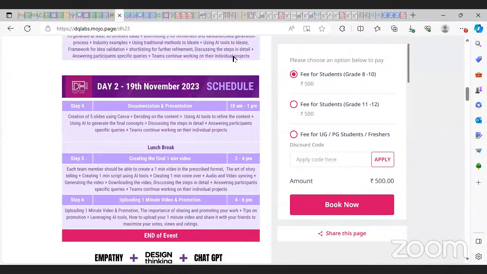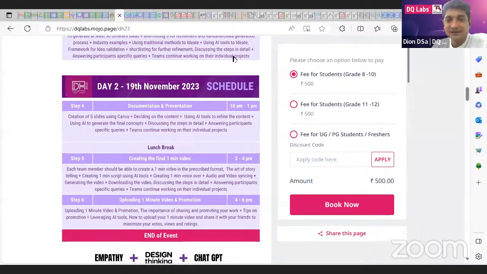The next question is from Lisha Agarwal, who's asking, what are some things that participants generally find very hard? Very lovely question. This reminds me of what the design thinking process is all about.